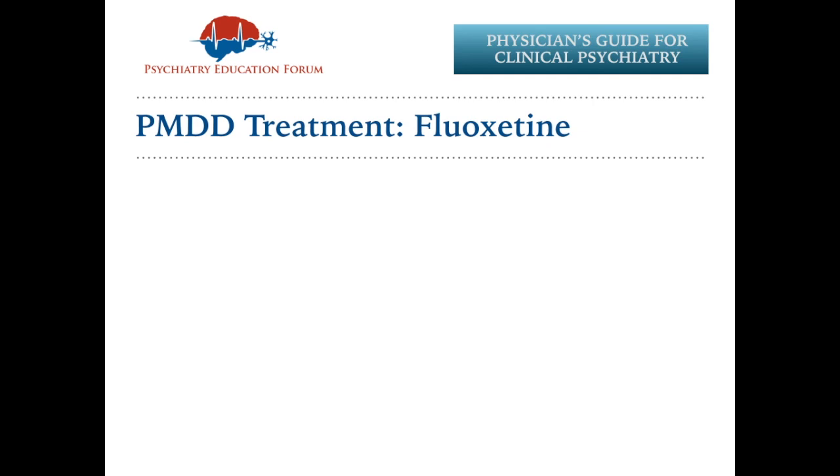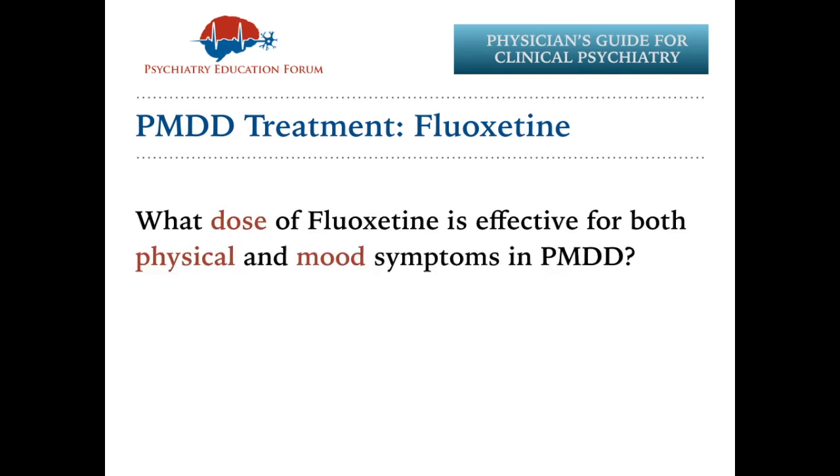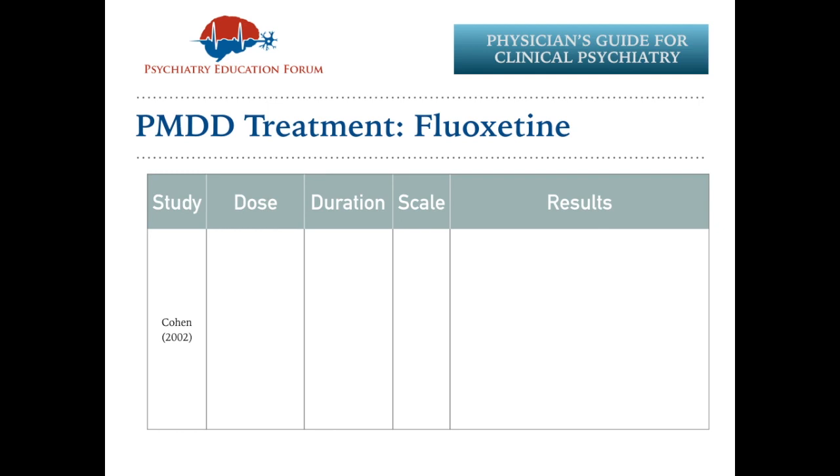Let's start with Fluoxetine. So the first question is, what dose of Fluoxetine is found effective for physical symptoms and mood symptoms in PMDD? To answer this question, we will see this study done by Cohen, published in 2002. Here they randomized women to Fluoxetine 10 milligram, Fluoxetine 20 milligram, or placebo.